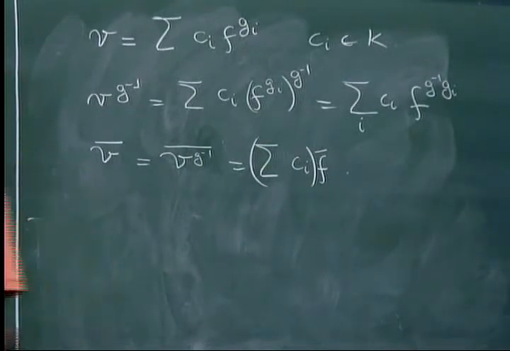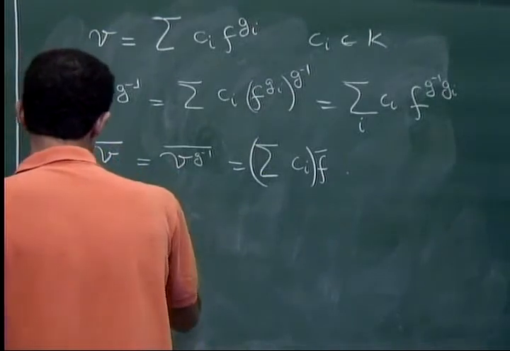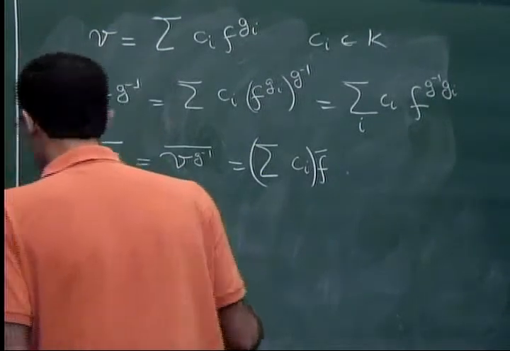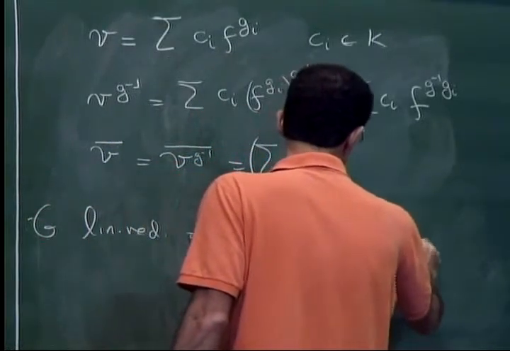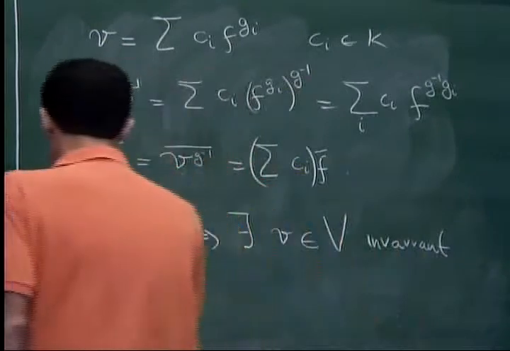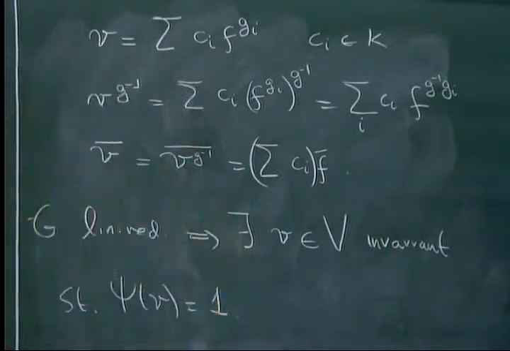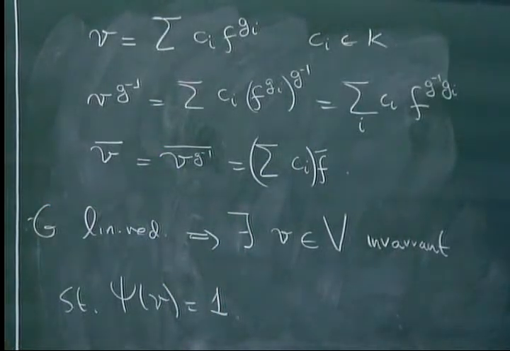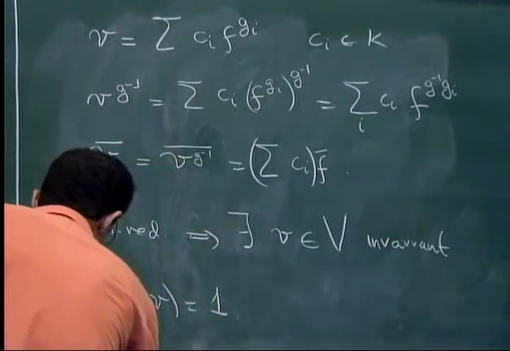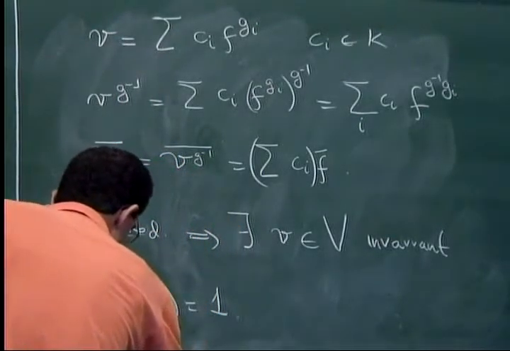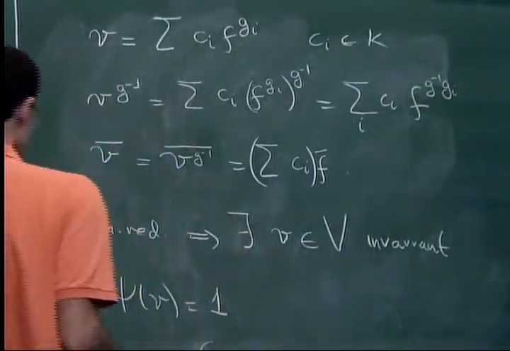So then psi is invariant, and since G is linearly reductive, there is an element in the dual space, there is a V, which is invariant, such that psi of V is non-zero, and we can take it to be equal to 1. So this V is actually a function, which is invariant, because it's an invariant function there.